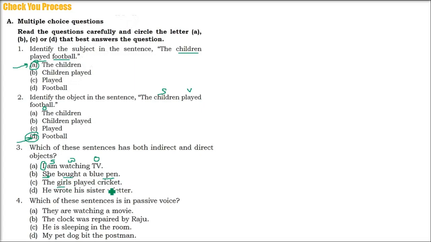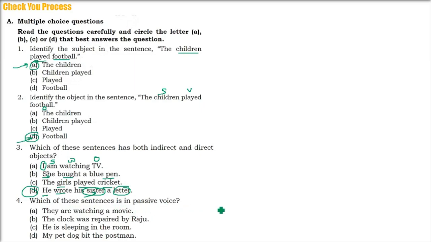The girls played cricket: subject and object. Played is the verb. He wrote his sister a letter. D is the answer, both direct and indirect. What did he write? A letter, the direct object. For whom? For his sister. So it is the answer.